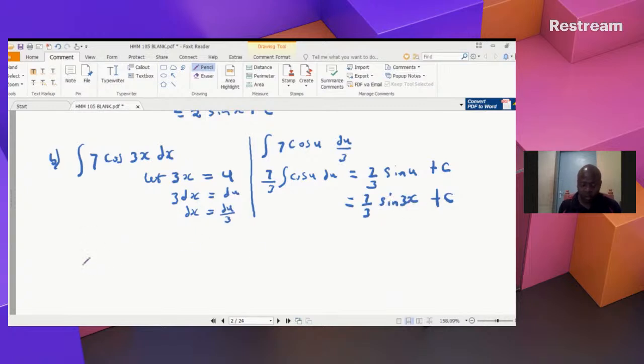What this means is that we can generalize this working.